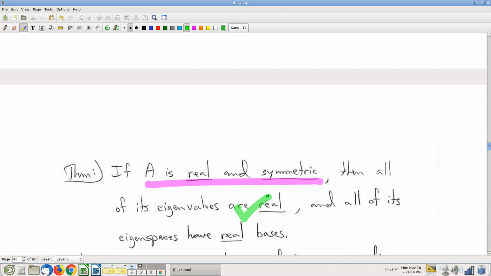You'll never find any complex eigenvalues. How about that? And furthermore, I'm going to say the eigenvectors are real. What I mean by that, now that I've written this down more accurately: the eigenspaces all have bases consisting exclusively of real vectors. But if you have a real eigenvector, with all real coordinates, you can multiply by a complex scalar, of course, right?